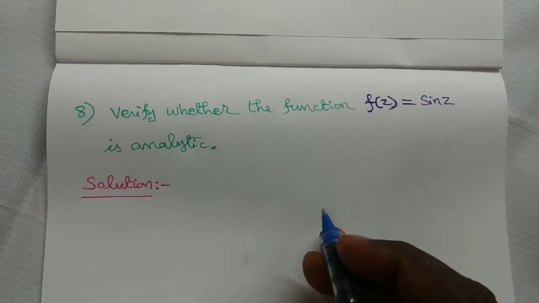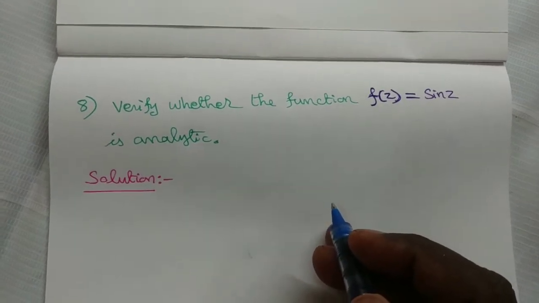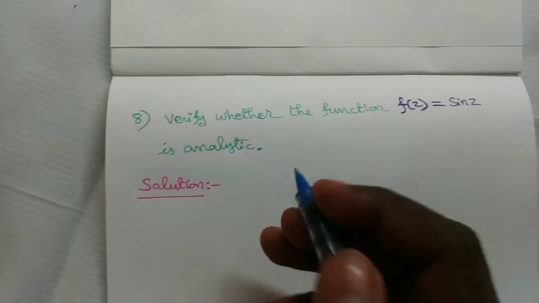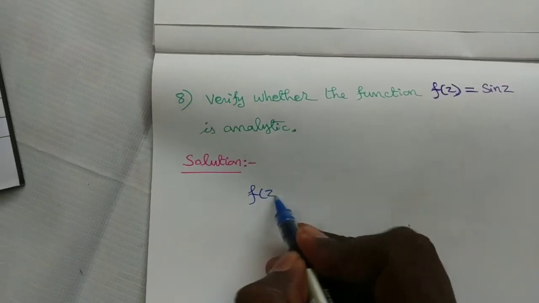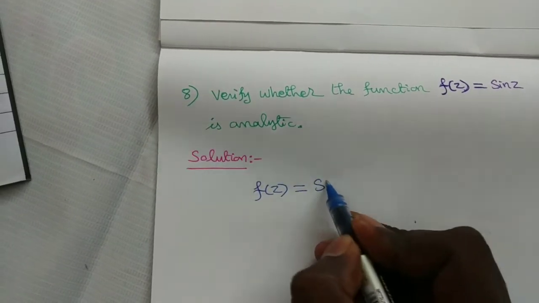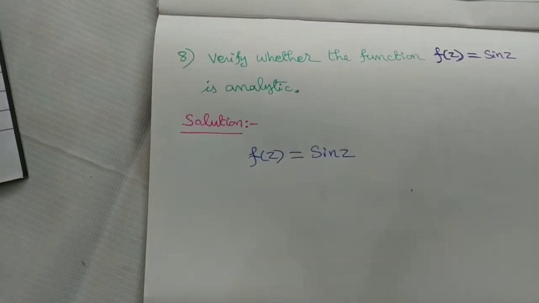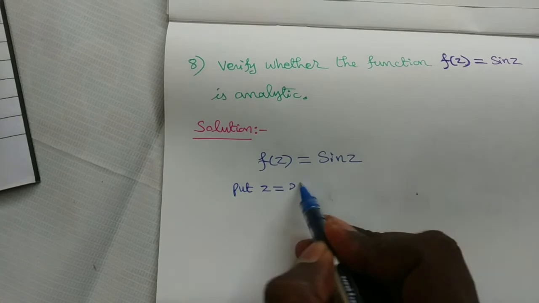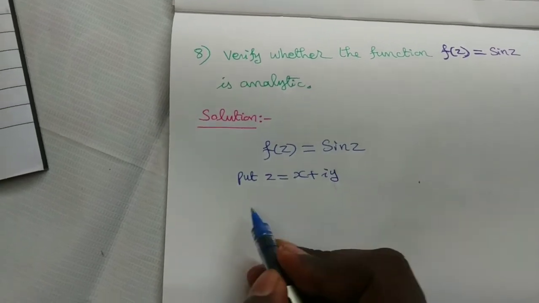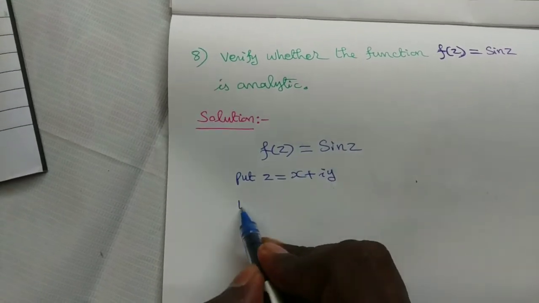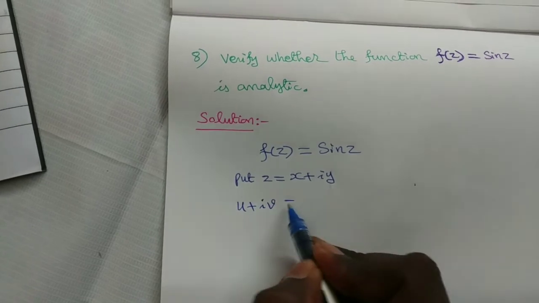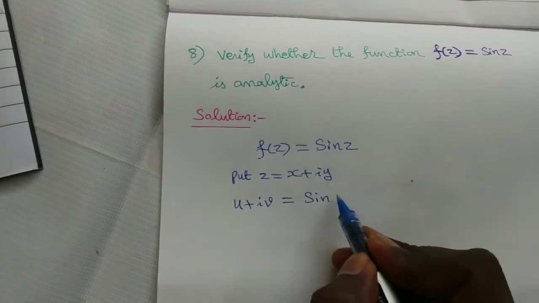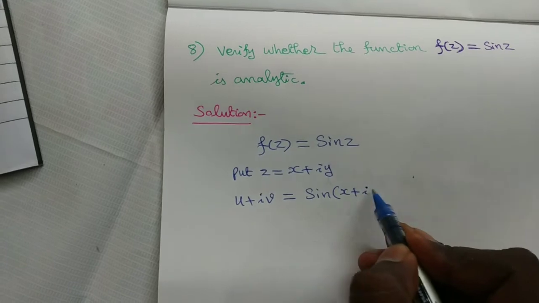Verify whether the function f of z equal to sin z is analytic. So here the given function is f of z equal to sin z. Now put z equal to x plus iy. As usual, f of z is u plus iv, and sin of z is sin of x plus iy.